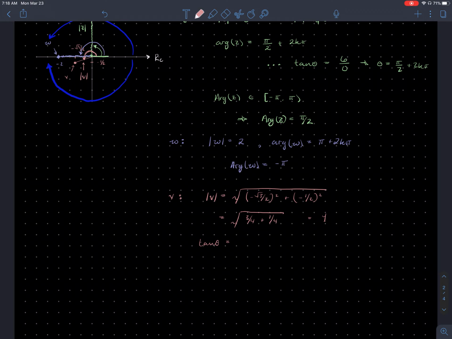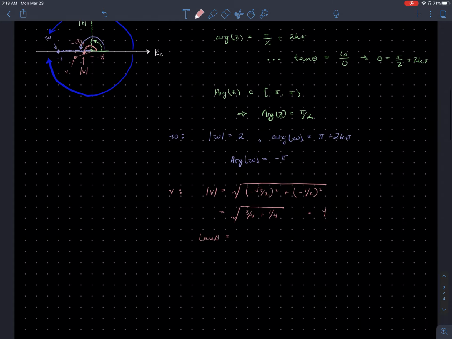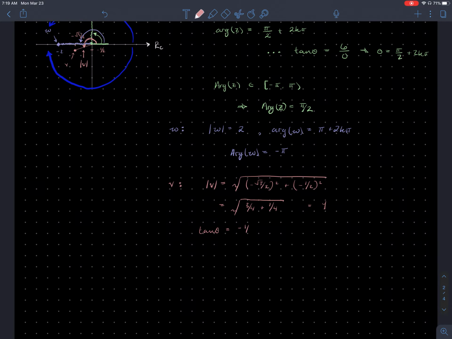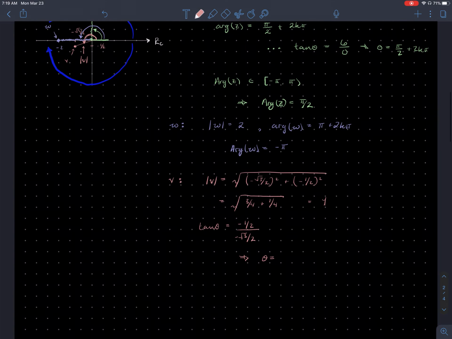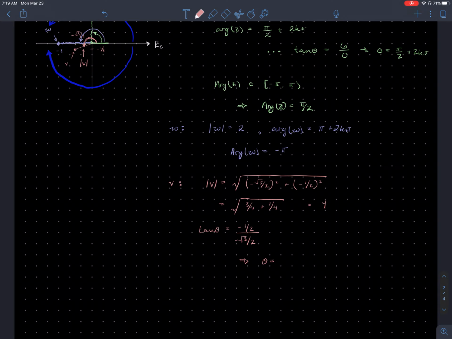Okay, now we know tangent theta is going to be our imaginary, which is negative 1/2, over our real. Okay, now this is going to be true. Let's see. This is equivalent to sine over cosine.